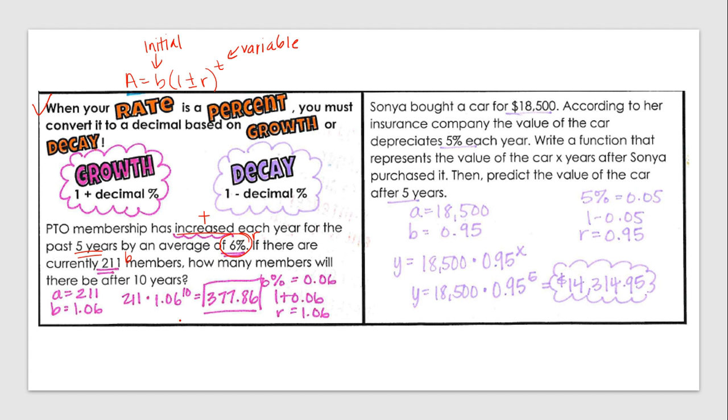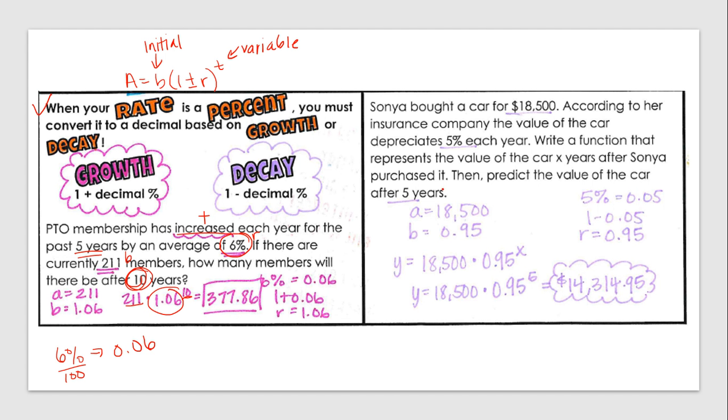So here we have our initial value. This is my growth rate, 1 plus my decimal of 0.06, because remember 6% as a decimal, if we divide that by 100, gives me 0.06. And then I want to know after 10 years, so I'm raising that to the 10th power. And that's what we get, 211 times 1.06 to the 10th gives me 377.86.